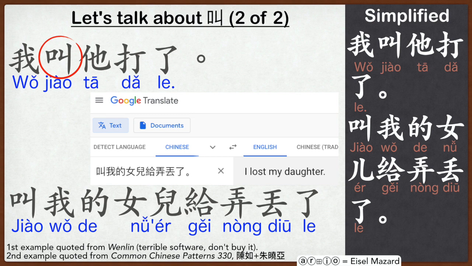I'm not saying you can master everything in lesson 1 of your level 1 textbook. But if you are not aware of the full range of meanings of the word jiao, then when you encounter this, your dictionary won't be able to help you, Google Translate won't be able to help you, and you'll be working on the false assumption that you know the meaning of the word jiao because your textbook told you that all it means is, hi, my name is.